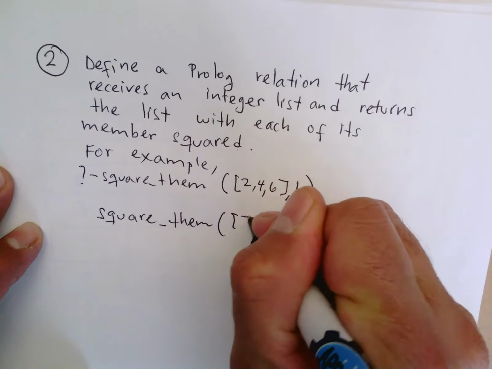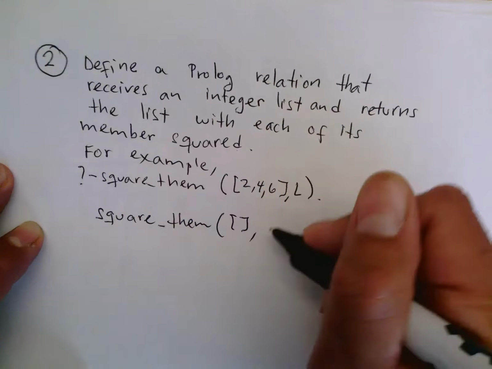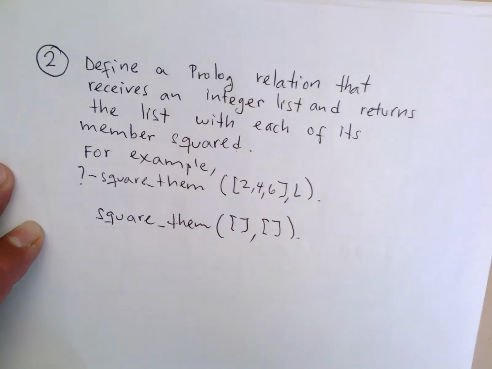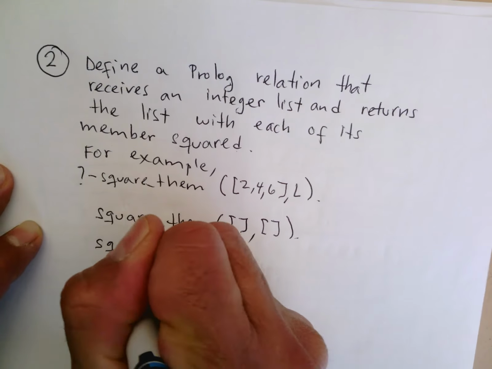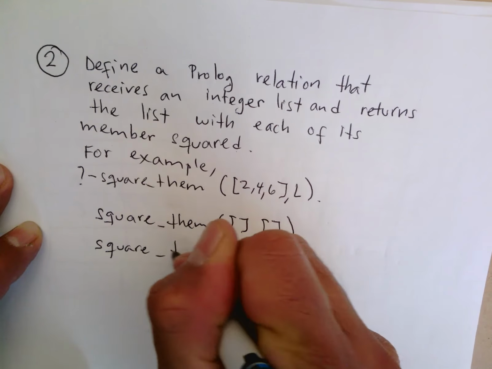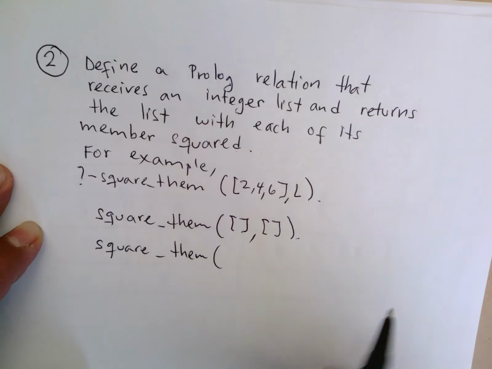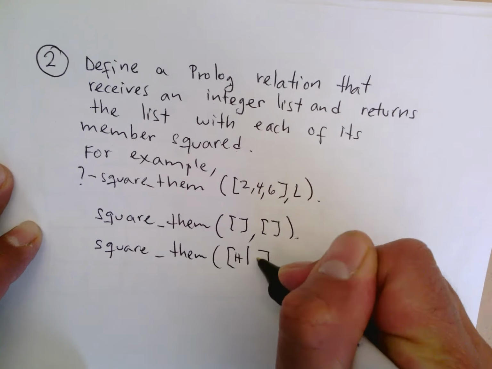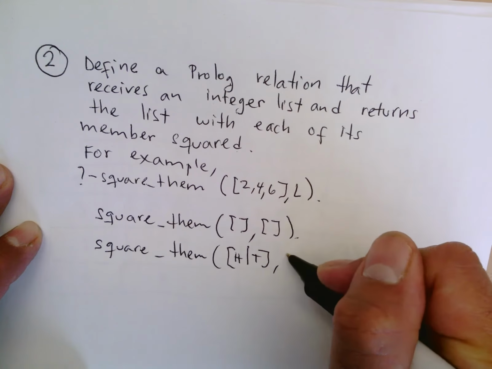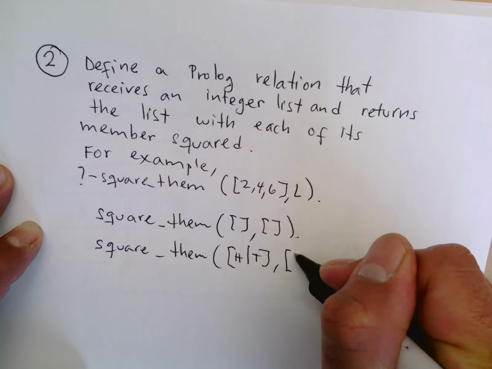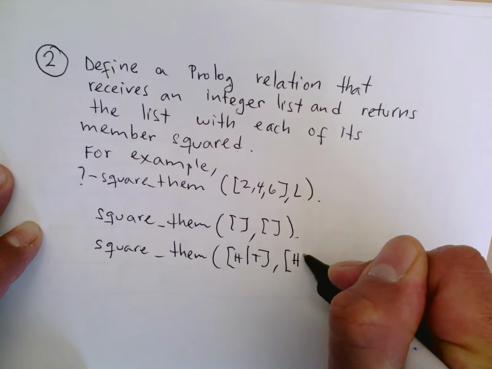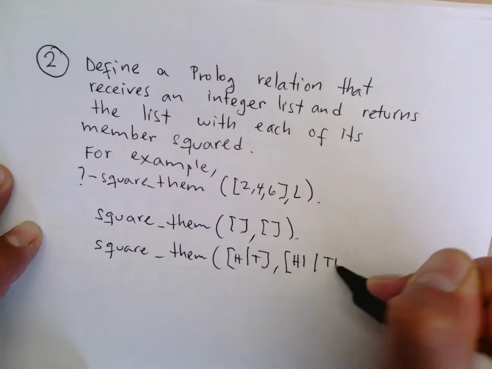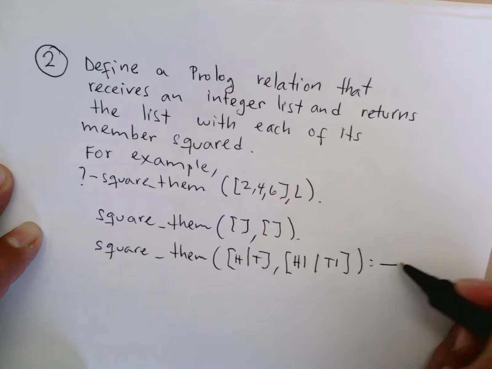In case that we got an empty list, then the answer is an empty list. Now in the case that it is not an empty list, then we need to take the head and tail of the list.